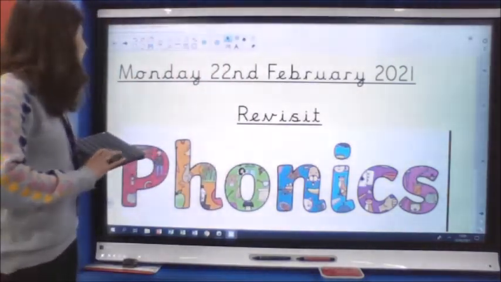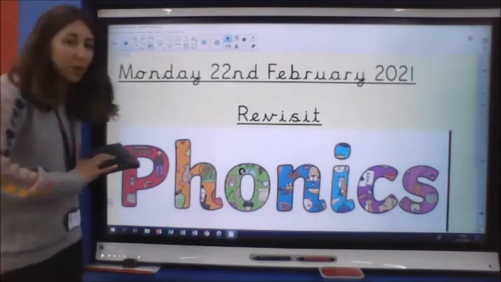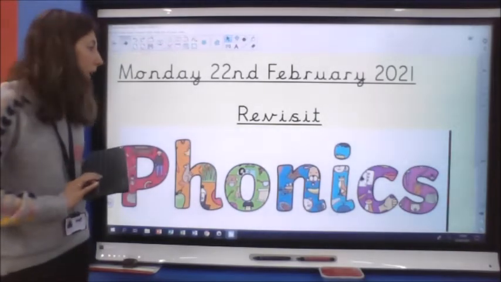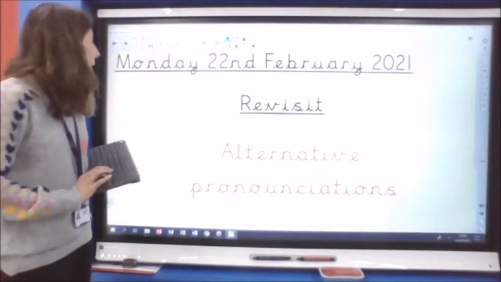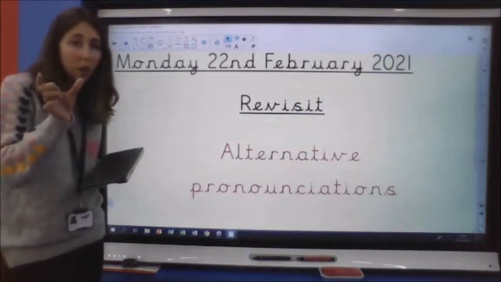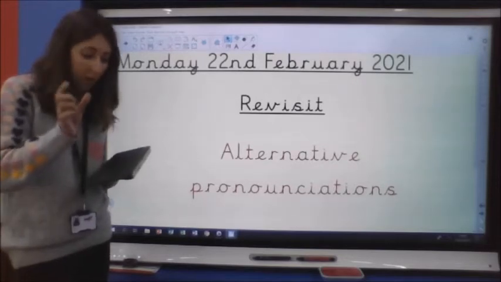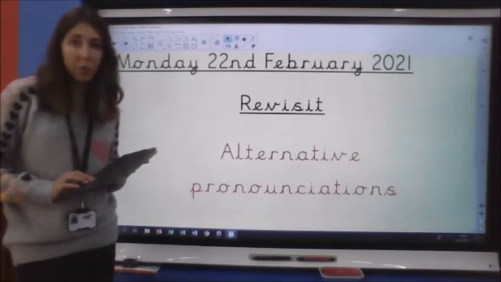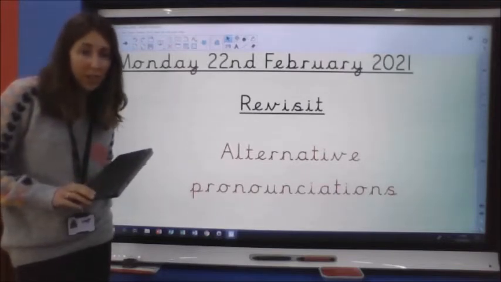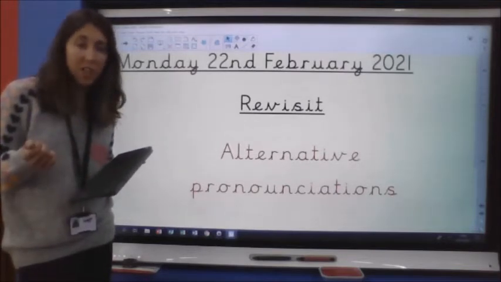Okay, let's have a little revisit first of all at some of our alternate pronunciations. I'm going to show you a grapheme on the board, so a way of making a sound, and I want you to tell me the different ways we know that the sound can be pronounced or said.